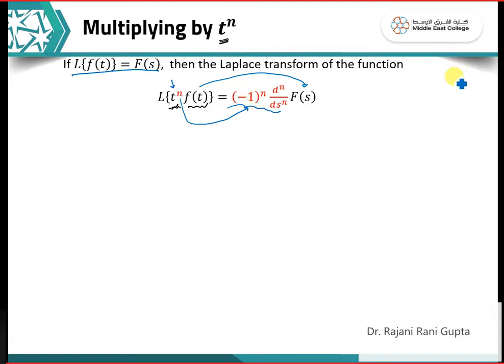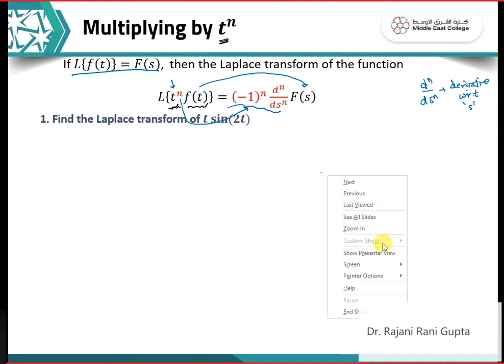Minus 1 to the power n and d^n over ds^n stands for the derivative with respect to s. Okay, so let's see how this will work for this question.